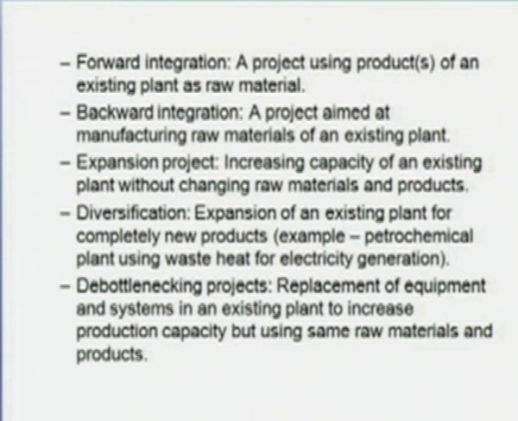The fifth type of add-on project is that of diversification. The project owner may totally diversify into a different product range. For example, a petrochemical producer, like one who does steam reforming of naphtha to produce aromatics, could go for diversification into power generation. We in India are tremendously short of power, so anyone who is generating power is going to make a lot of profit.